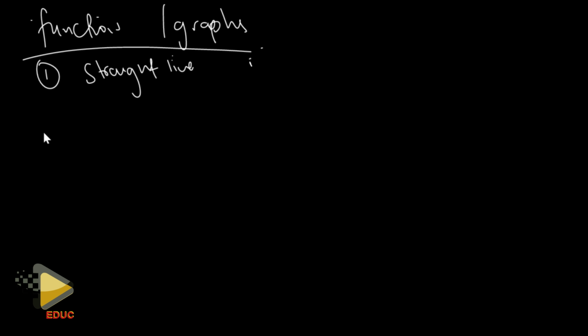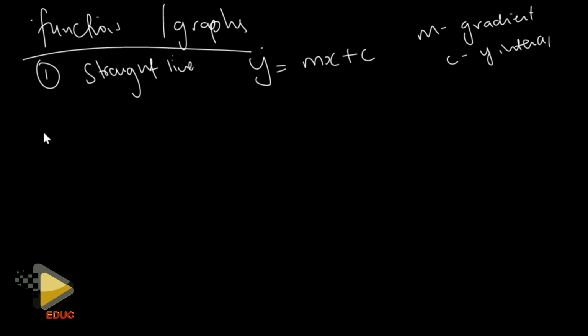The general equation of a straight line is y equals mx plus c, whereby m represents the gradient of the line, and c represents the y-intercept. We can have this format, or we can have y minus y1 is equal to m into x minus x1. You saw these formulas even when you were dealing with analytical geometry. Okay, so it's the same aspect.